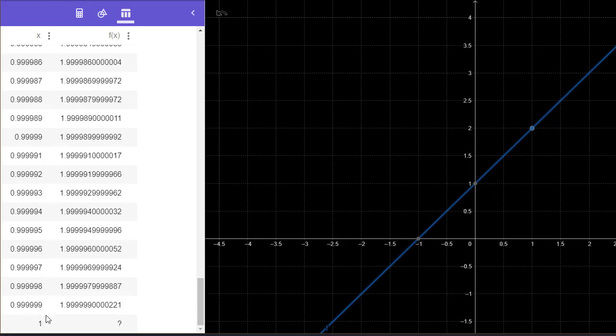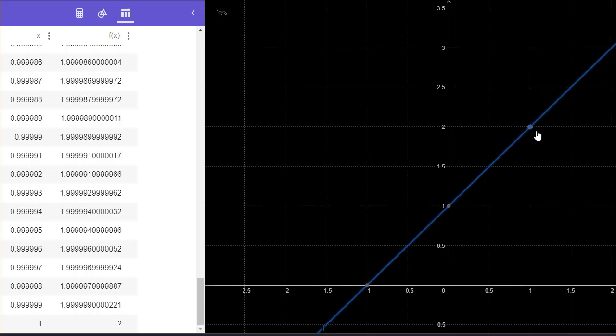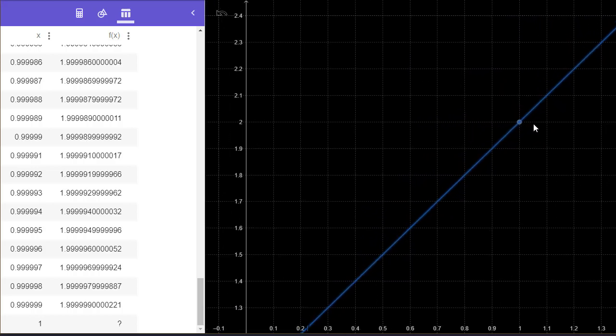It's undefined, an indeterminate form. However, as we get closer and closer to 1 from the left, it looks like our y values are getting closer and closer to 2.